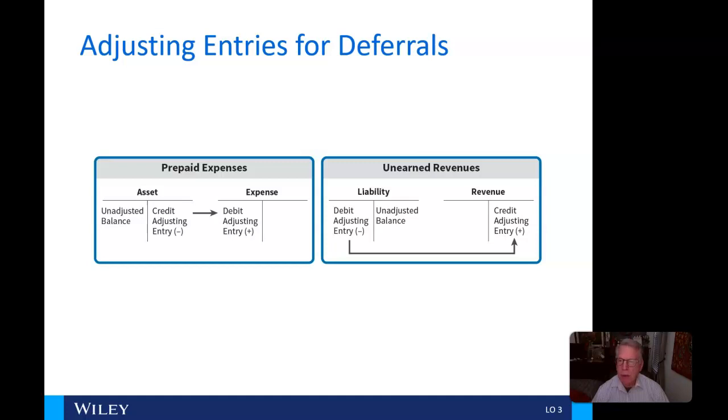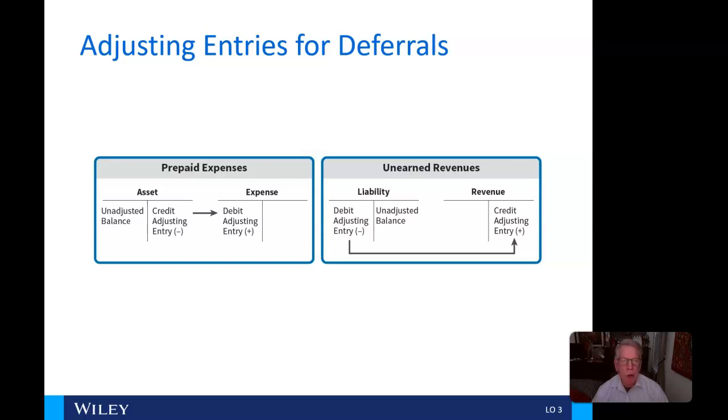So for the prepaid expense, first we're going to have an unadjusted balance in the asset account. And then as we use that prepaid expense, we're going to debit that adjusting entry.